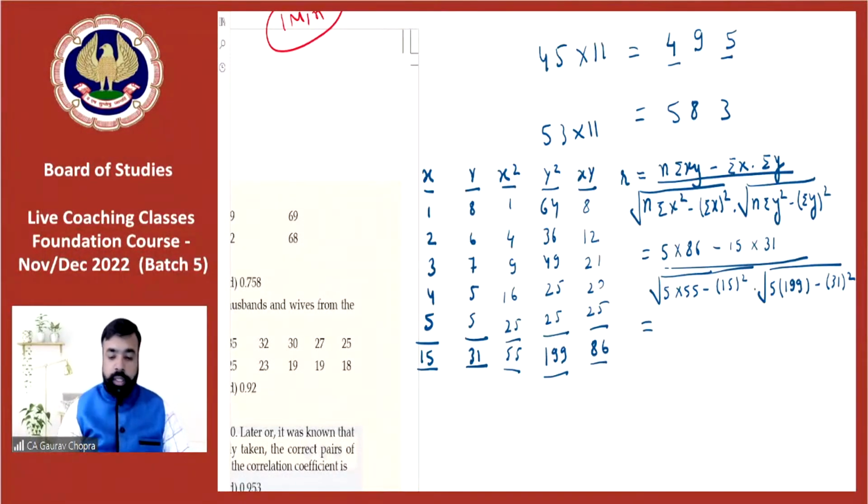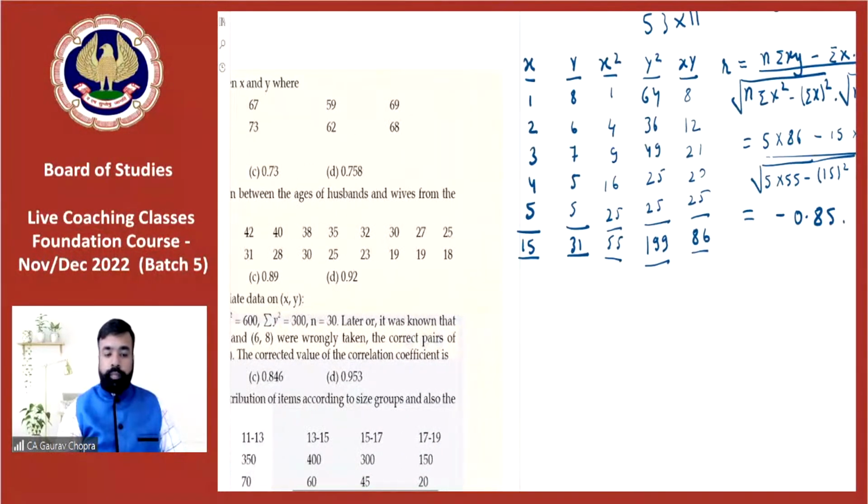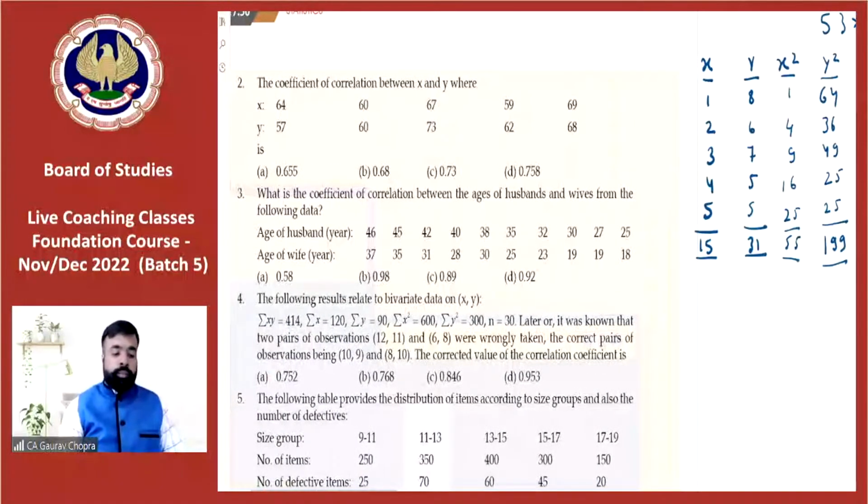Ishan has also given the same answer. So this is the correct result. All right. Now, question number second is also similar. X and Y are given, and you have to use Karl Pearson to solve the correlation.